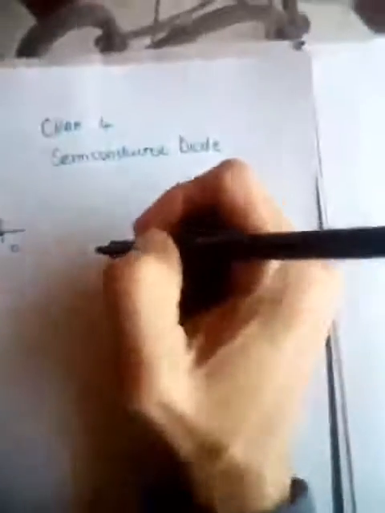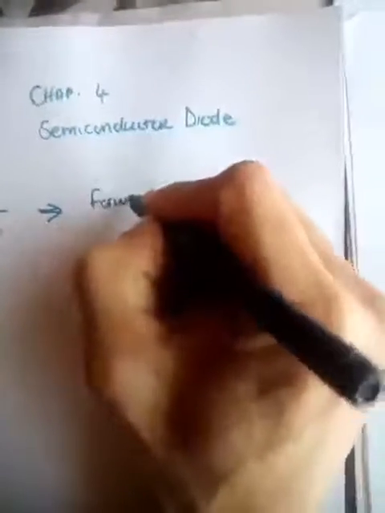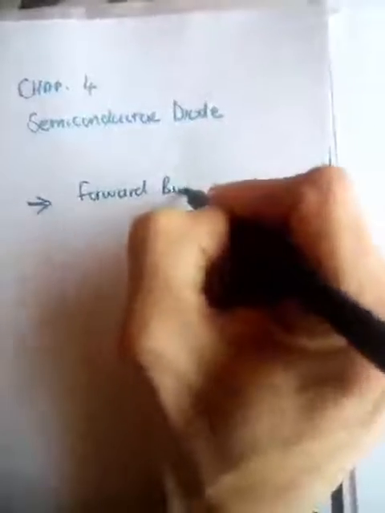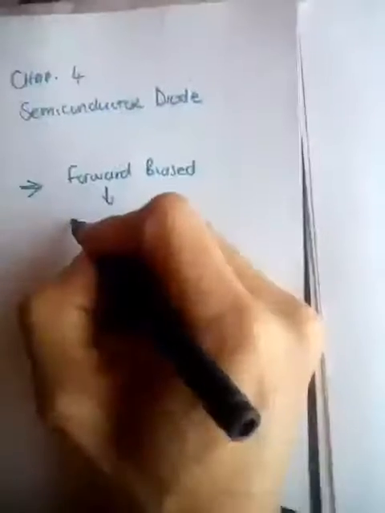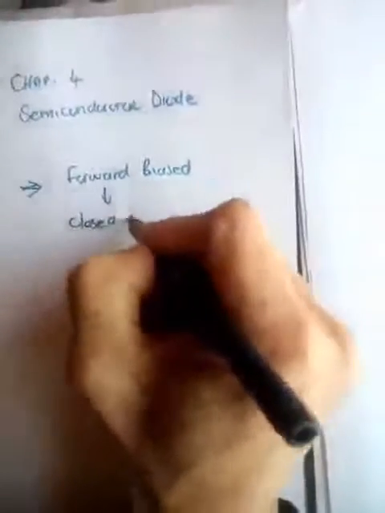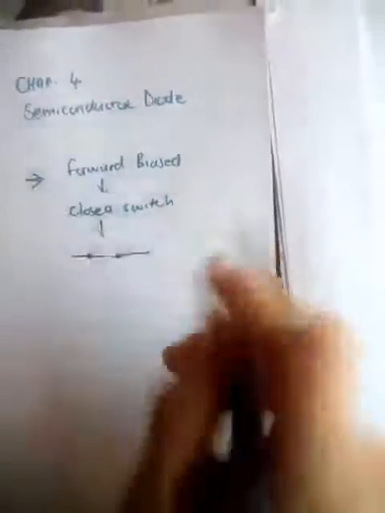Anode and the cathode. What is a diode? You must know that a diode conducts only when it is being forward biased. It only conducts when it's forward biased, and when it's forward biased, it acts like a closed switch. Closed switch, so current will flow.